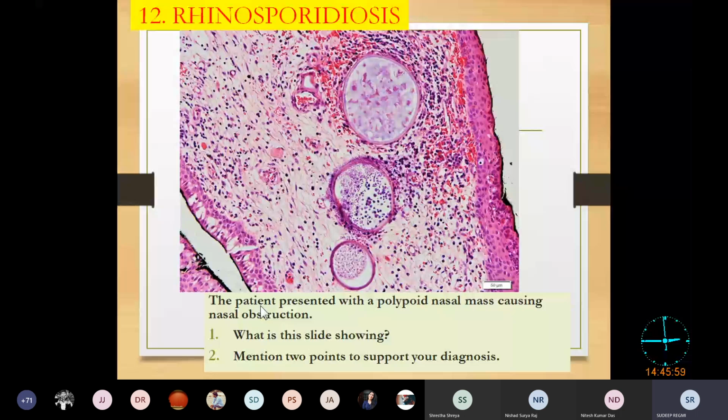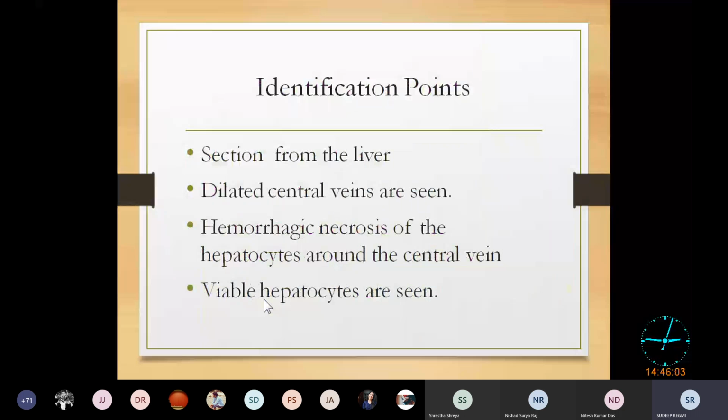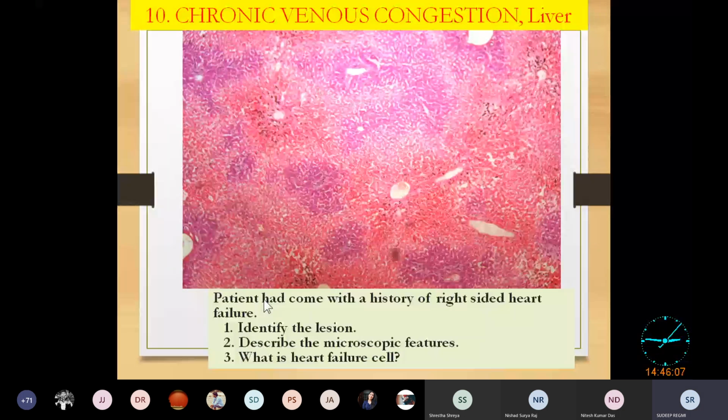Okay, I just forgot to discuss the questions. Here in the chronic venous congestion, the history will be that the patient had come with a history of right-sided heart failure. Right-sided heart failure means whenever there is right-sided heart failure, ultimately there will be back pressure to the liver bed.